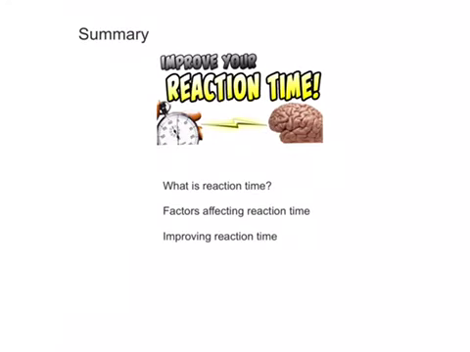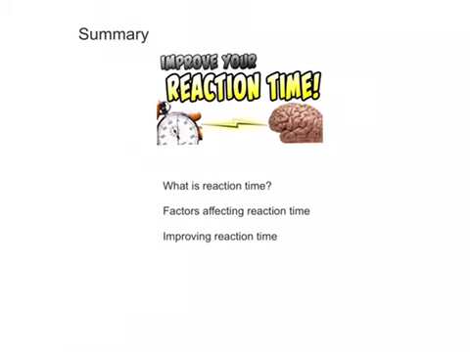In summary, hopefully you gain some knowledge and skills here to help yourself improve your own reaction time for your activities. Again, what is reaction time? It's the time from receiving that stimulus to initiating response to that stimulus. And it can be simple reaction time where there's only one possible response, or choice reaction time where there may be many different possibilities.